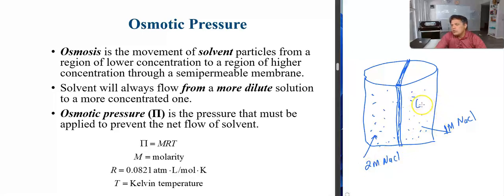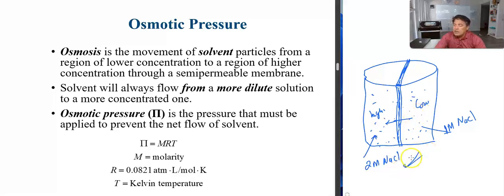So it has a low concentration on one side and a high concentration on the other. In that situation, water, not the electrolyte, will move from here to here until both have the same concentration. It means it is in equilibrium.